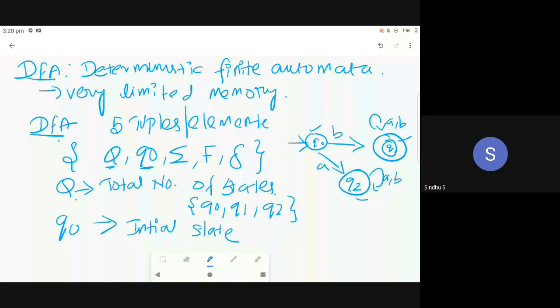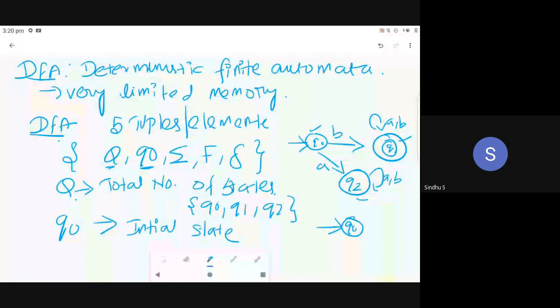A state which has an inward arrow with no input symbol is usually represented as the initial state. Am I right? Yes, ma'am. So the initial state in the diagram will have an incoming edge without any symbol. So any state in your diagram which has an incoming edge without a symbol is called the initial state.